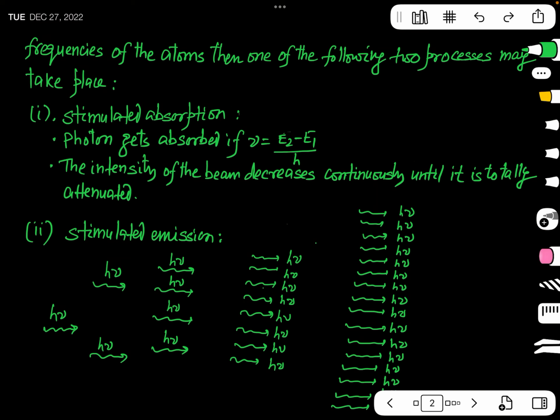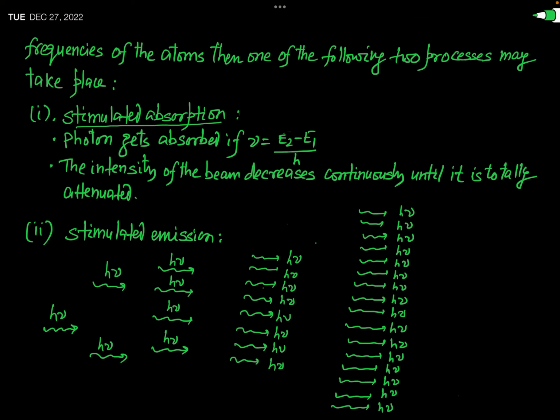In the first way, there may be a stimulated absorption of this photon. What does stimulated absorption mean? It means the atom in the lower energy level absorbs this photon and is raised to the higher energy level.